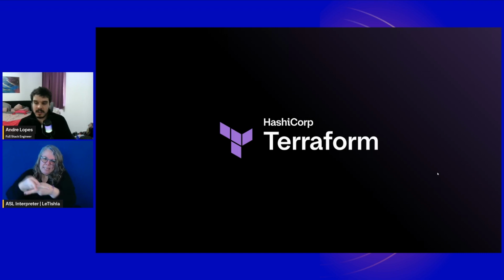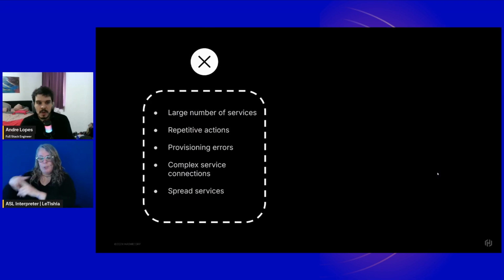And that's where the advantages of Terraform come in to help us manage these serverless applications. If we don't use Terraform, we're going to have a large number of services and repetitive actions. For example, if you have to create 5 lambdas, you have to interact with the console at least 5 times.